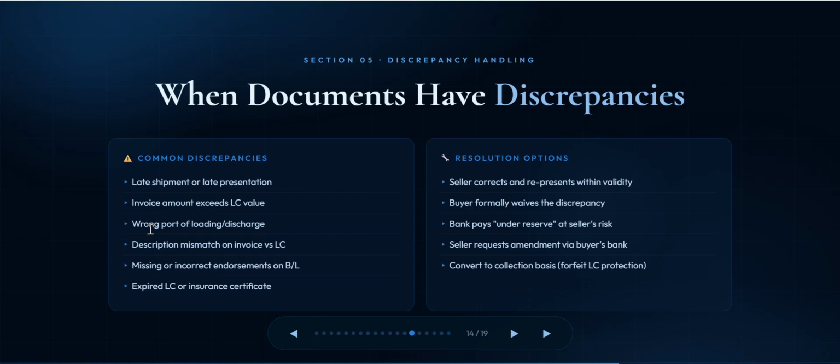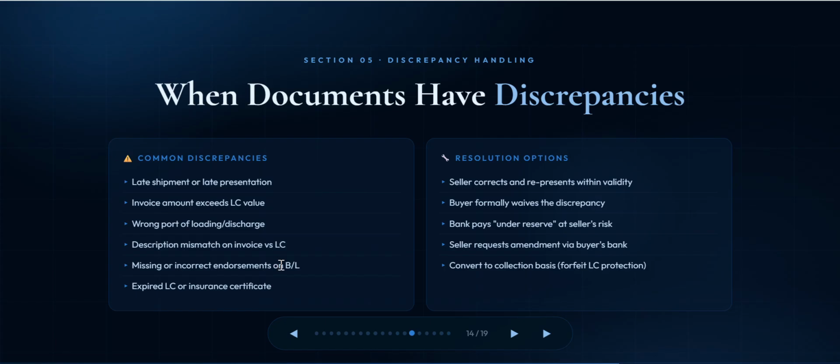If the port of loading is not as per the LC, then definitely the bank will make the documents discrepant. And if the description of the goods is not matching and not exactly as per the LC on the invoices, then there is a difference in the goods, right? So this will also be a discrepancy.